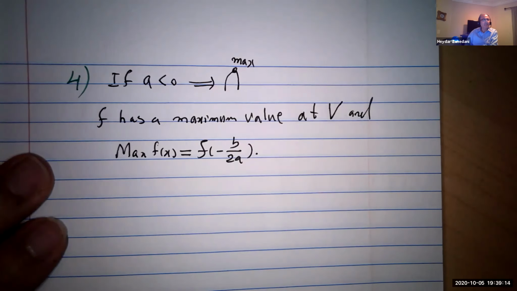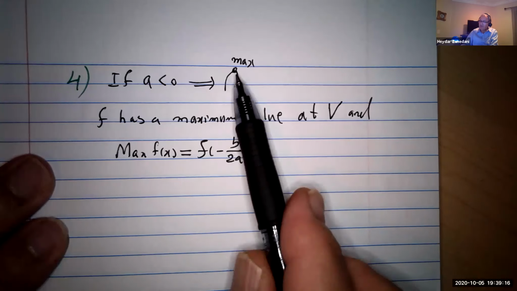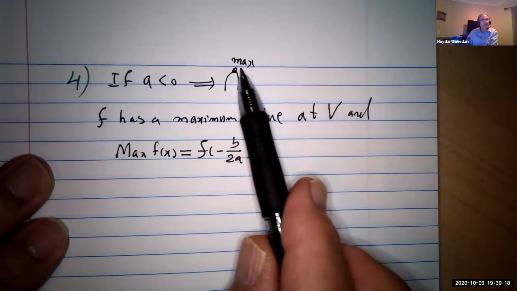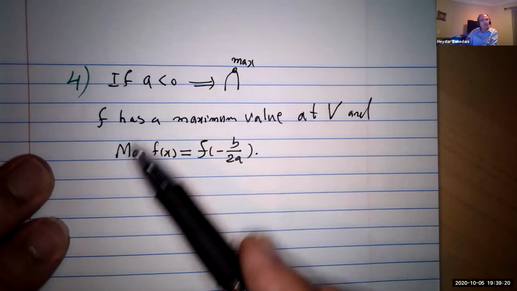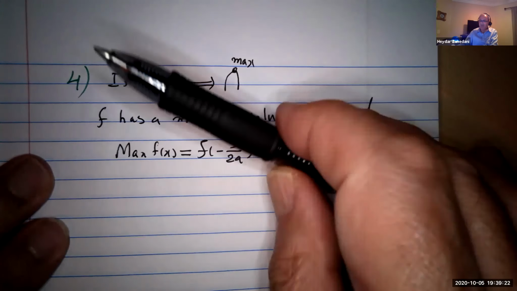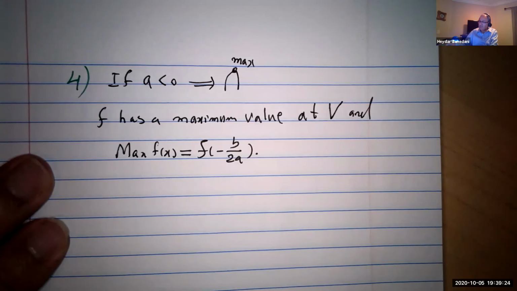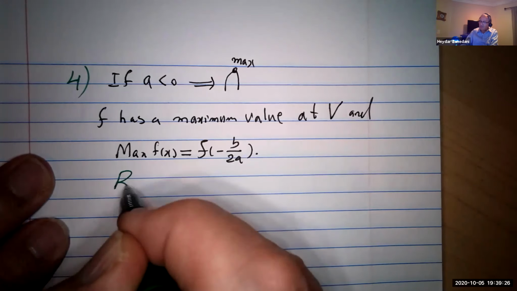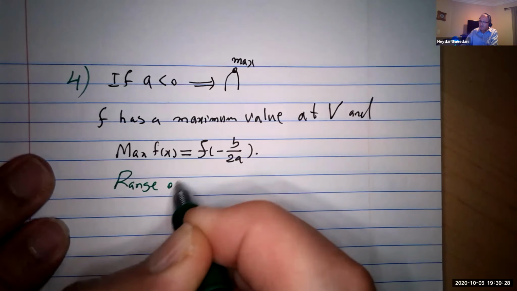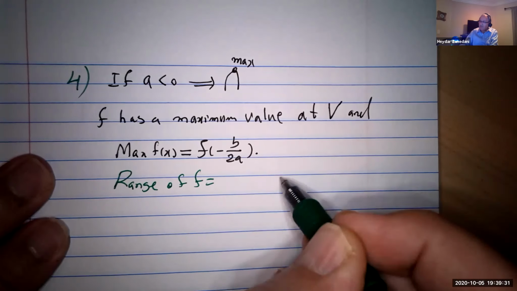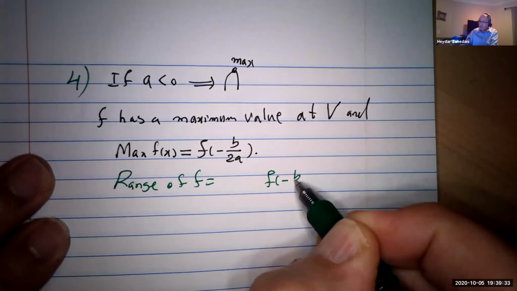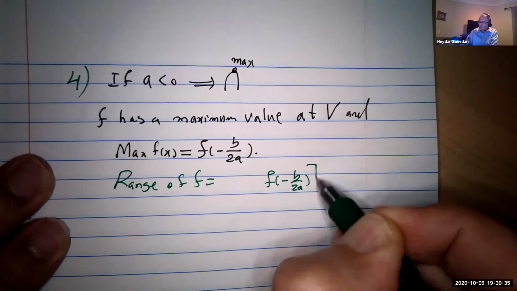Now the range. This is the top value of the function, the peak. So it's going to be from the bottom up to the peak value. In this case, the range of f, you see the peak point, so this is going to be up.